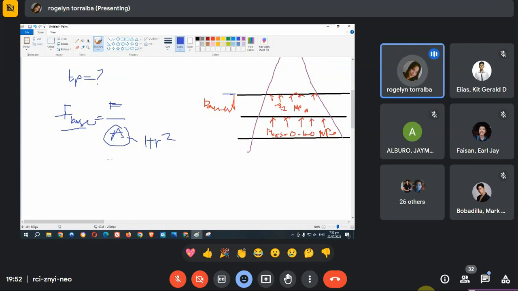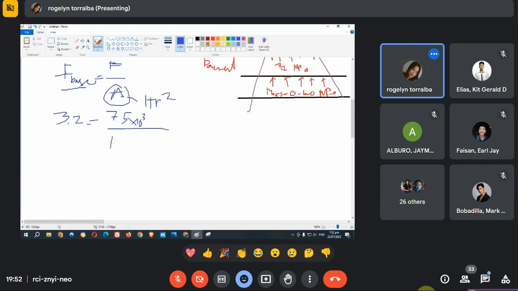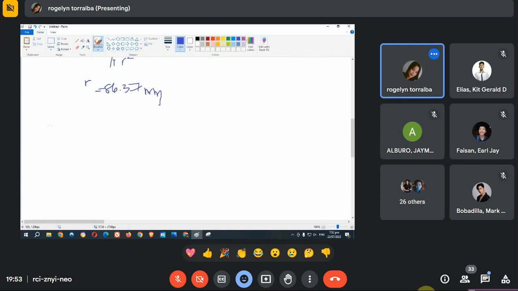Therefore, 3.2 is equal to 75 times 10 to the power of 3 over pi r squared. So, nakuha na to atong r diha nga 86.37 millimeter.